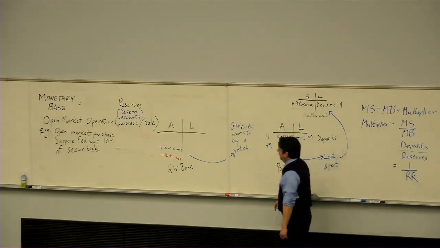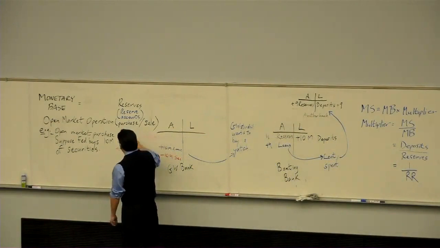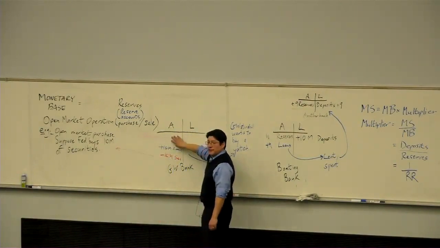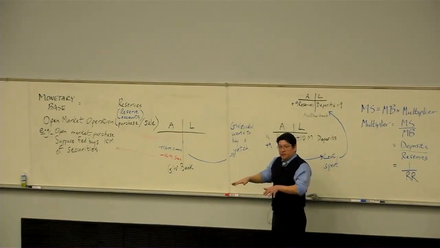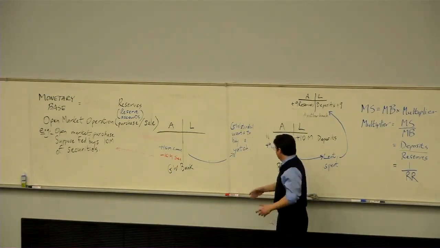So slowly, we started with a sale of $10 million in securities from a bank to the Fed. The Fed performed an open market purchase. At first, all the new reserves were here, but as banks keep lending them out, they're just spreading out across the banking system. It's hard to say where they really are, but still, it's an extra 10 million.